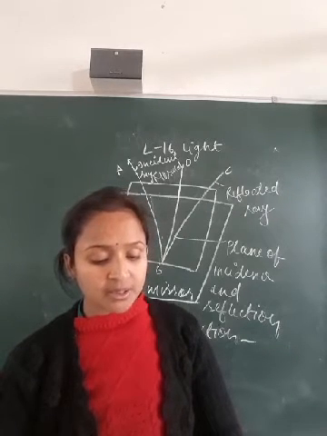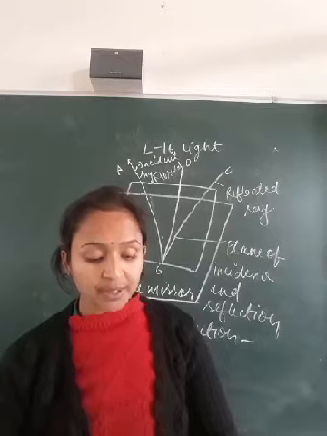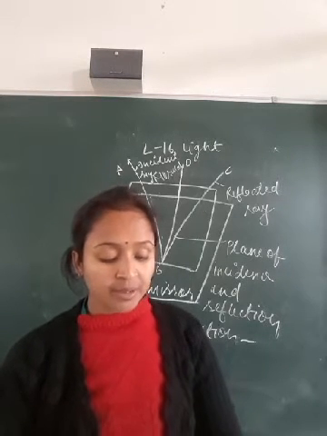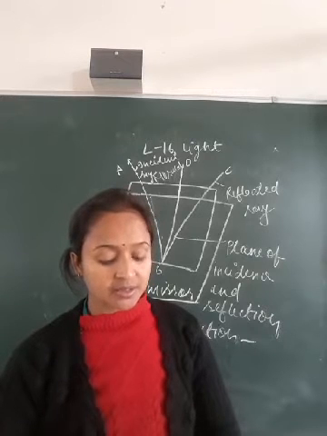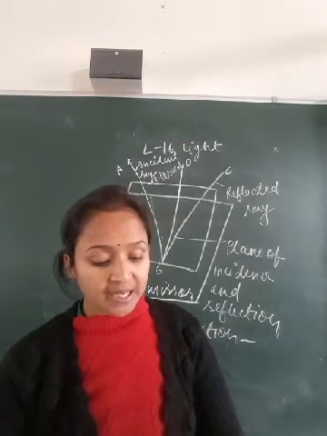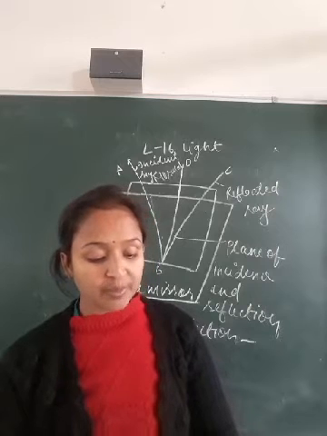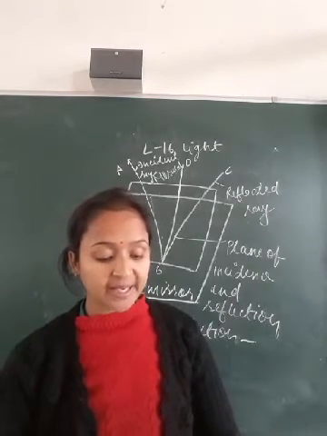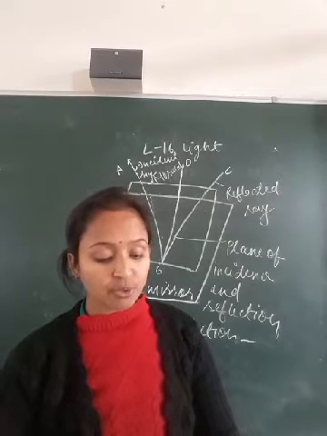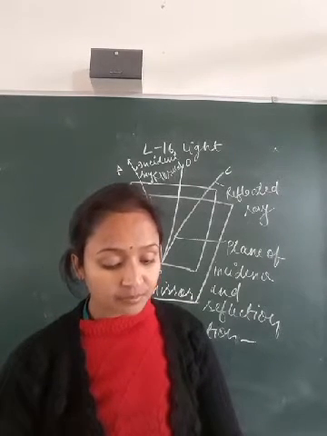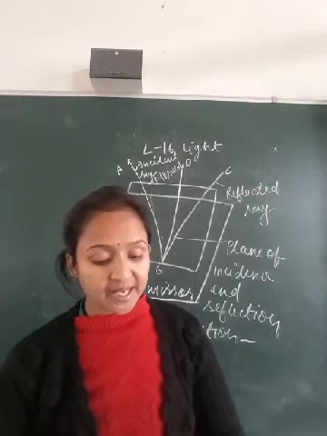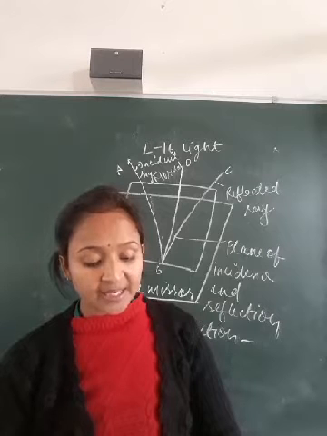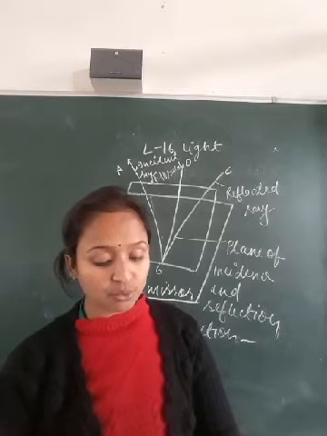Now remove the mirror strip and remove the pins P, Q, R and S one by one and draw small circles around the pin points. Join PQ and RS and produce them to meet the mirror line AB at O. O is the point of incidence. Draw ON perpendicular to the mirror surface, and measure the angle of incidence, angle PON, and the angle of reflection, angle SON.